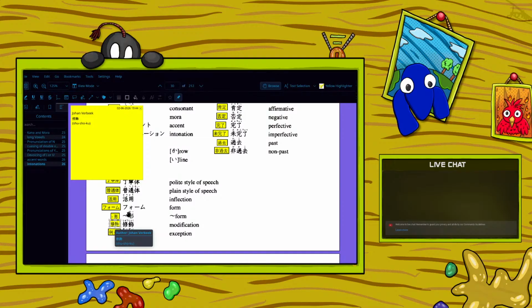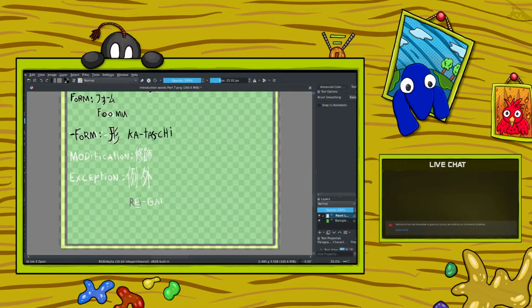And then of course we have modifications, which is then shushoku. Shushoku, which is modification. Yeah. So modification. Modification. Fugu. And I believe this one is in the chi.